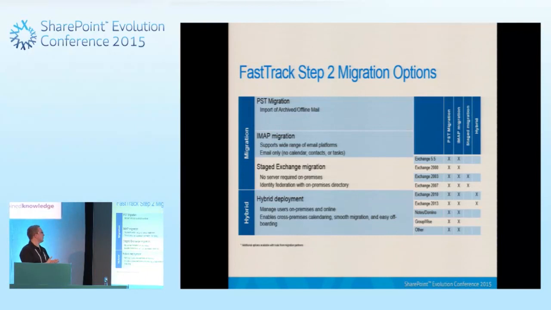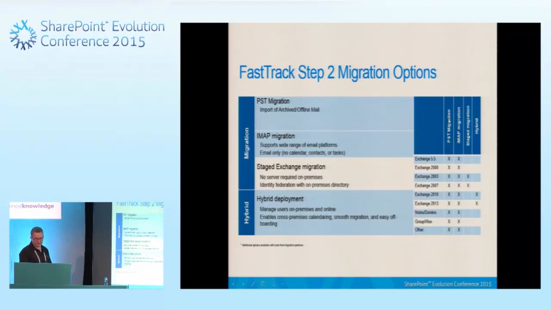So when it comes to the migration, you have different options. One option, like I was talking with some guys in the hall about, is you can do a hybrid setup where you have something on-prem and some in Office 365, or you can do a full-out migration process. And this one is showing what is supported.